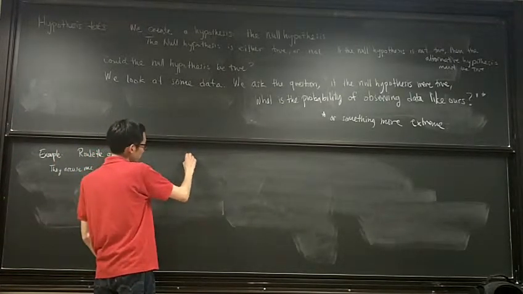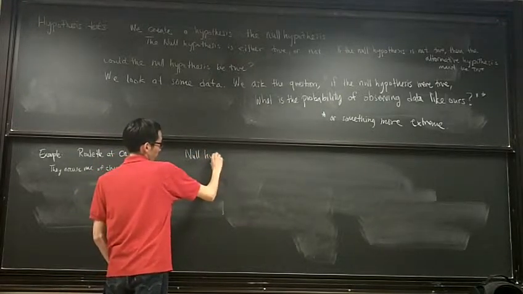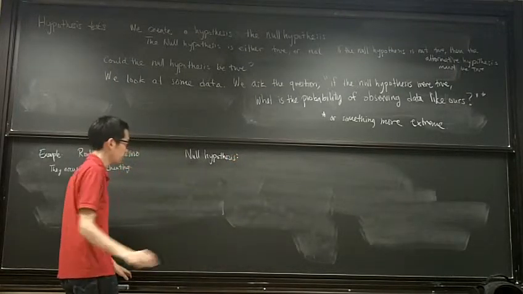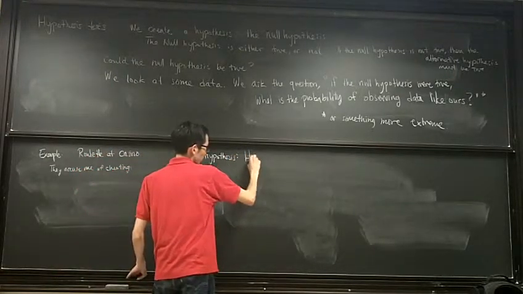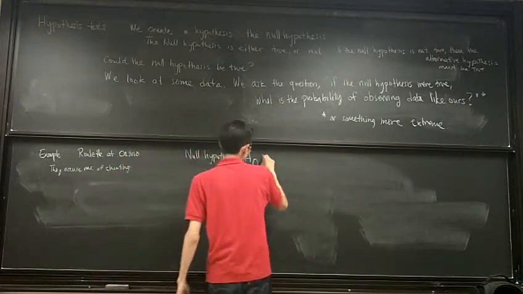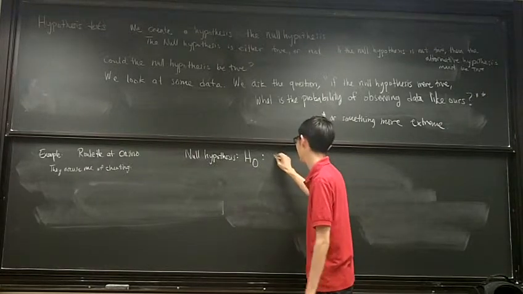I'm going to set up a null hypothesis. The null hypothesis, which we call H naught, H0, is that I am not cheating.